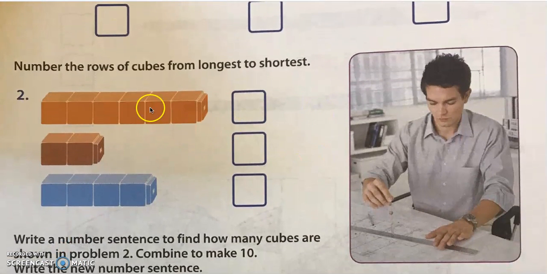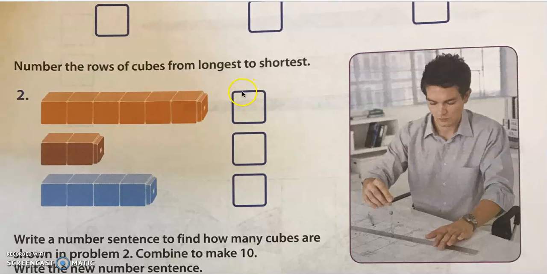Okay, number 2. So we will have to number the rows of cubes from longest to shortest. Oh, I'm sorry. From the longest to shortest, right? So the longest would be this one right here, number 1.